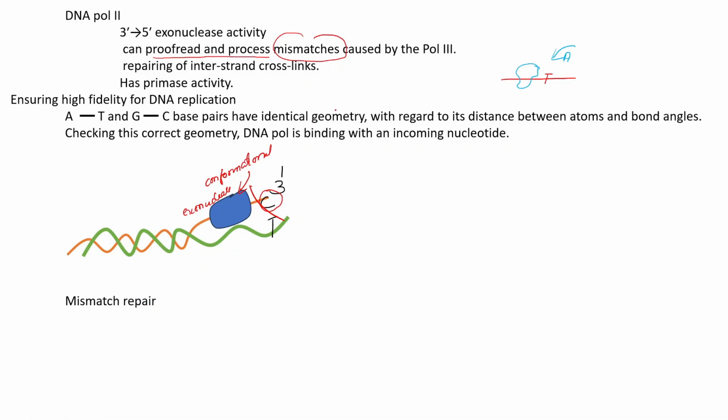Even though that geometry level checking is there and also that exonuclease level correction is there, if those two levels have failed and somehow a wrong base got incorporated into the duplicating daughter strand, then this mismatch repair mechanism functions. Through this mismatch repair mechanism, that wrongly incorporated base is removed from the replicating daughter DNA strand.